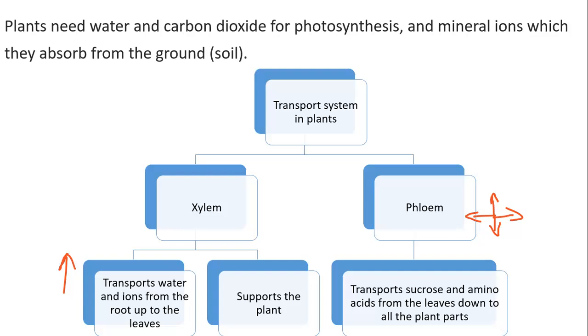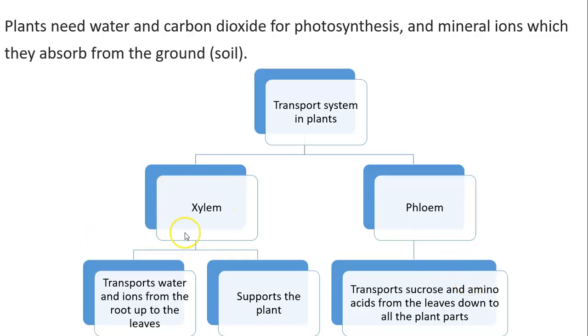We say down as the leaf usually is the most upper part because it must be subjected to light. So that's why mostly the leaves are on the top or at the end of each branch. But phloem sends food to every part of the plant. Okay, so mainly it transports sucrose and amino acids.